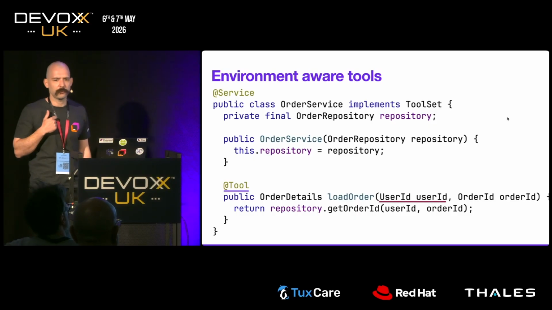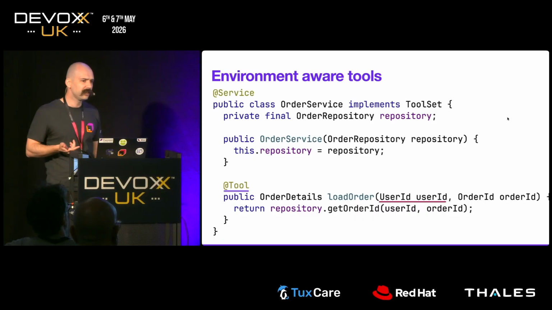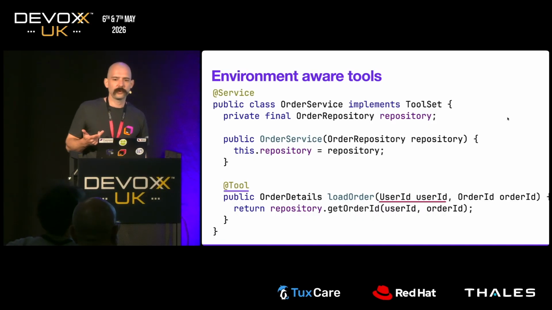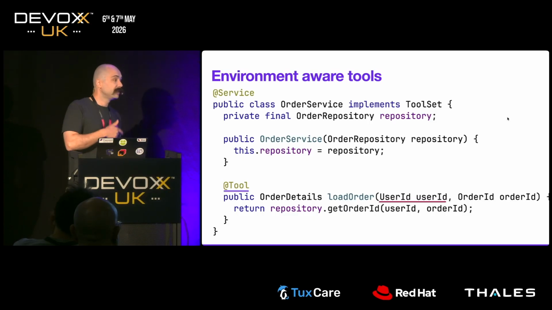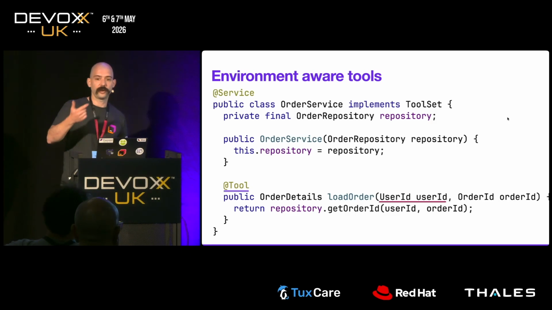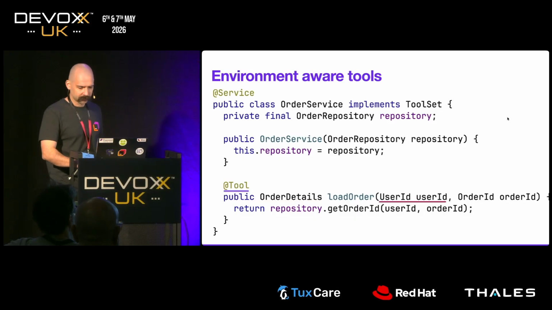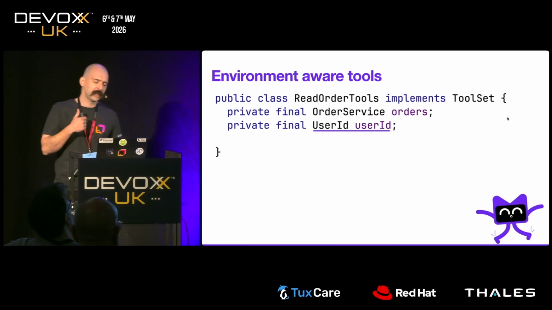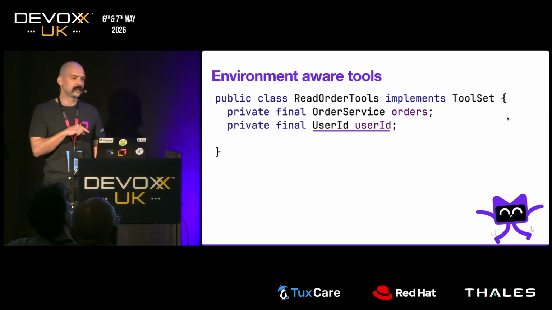But there's kind of a problem here. This load order function takes a user ID. That's typically not what I want to expose to my agent, because in this case, the agent might hallucinate a user ID. It might try to read orders that are not mine. So I don't want to give my agent access to all orders, right? So it's good practice to still create a new class that explicitly exposes the functions.